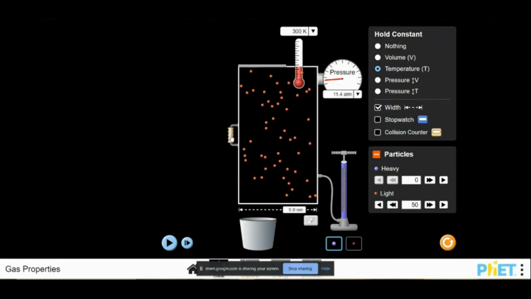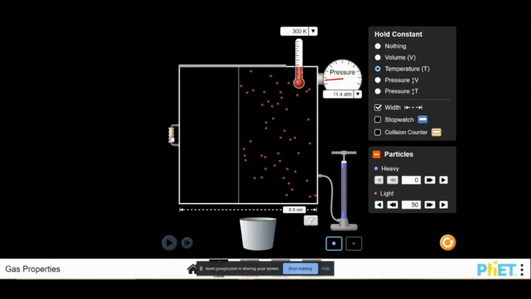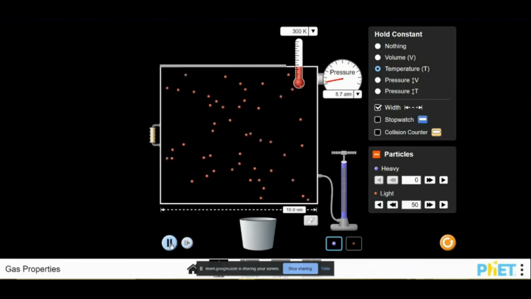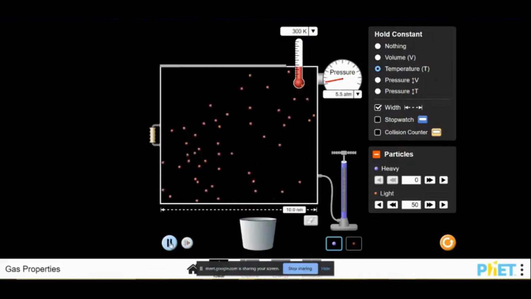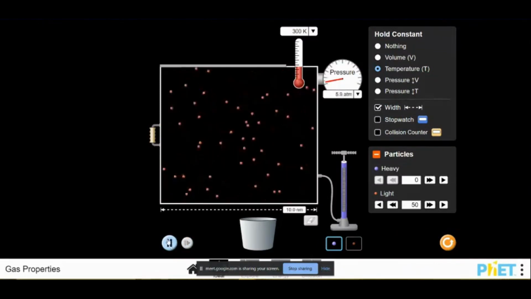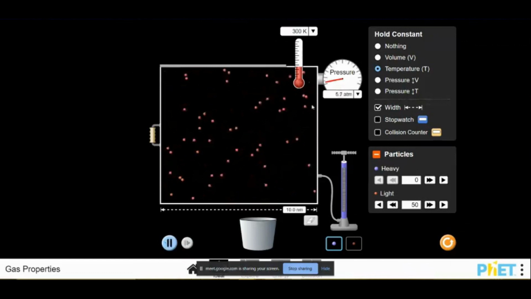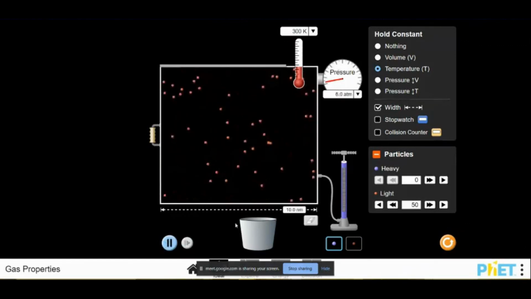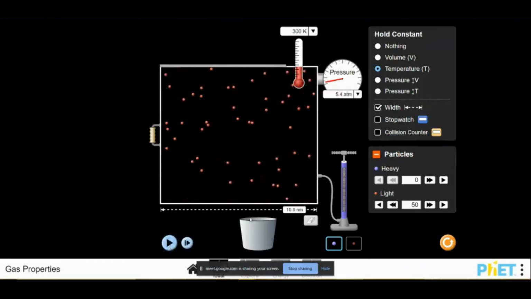We continue with the next one, a 10 nanometer container. Then we unpause, and then we can get the pressure. So we pause it again. The value is 5.4 atm. We record it in our table.